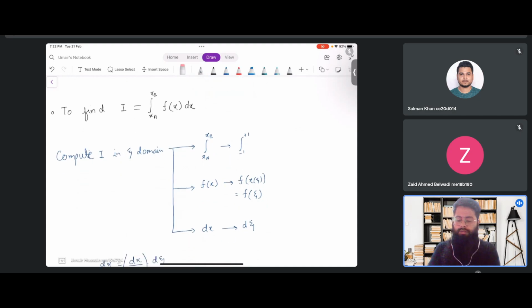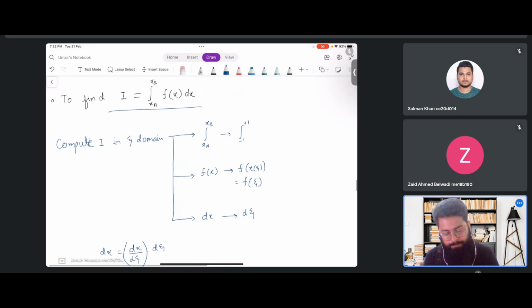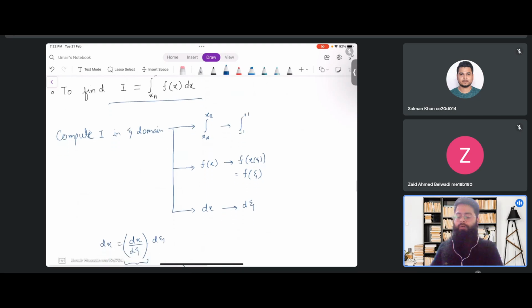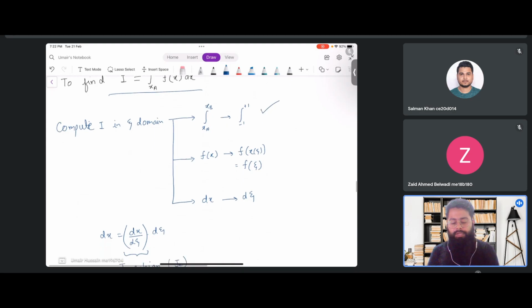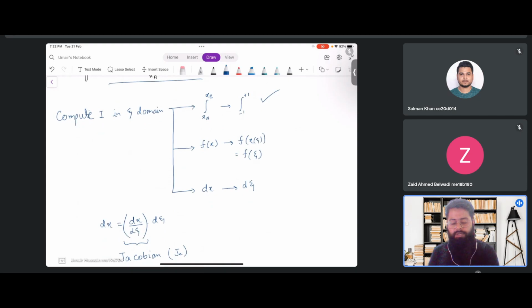Okay, we are back again to our main problem: we need to calculate this integral from xa to xb. How we proceed is that we first transform our coordinate system to the natural coordinate system, then use the mapping function and replace the original coordinate variable with the transformed coordinate variable.